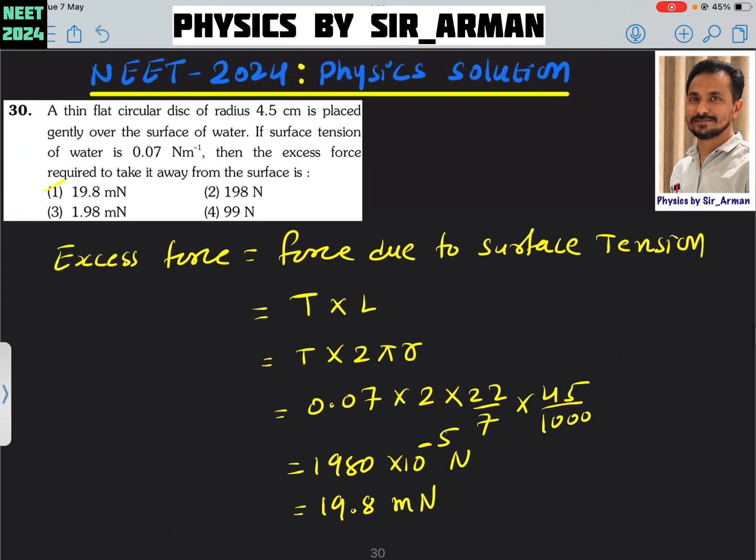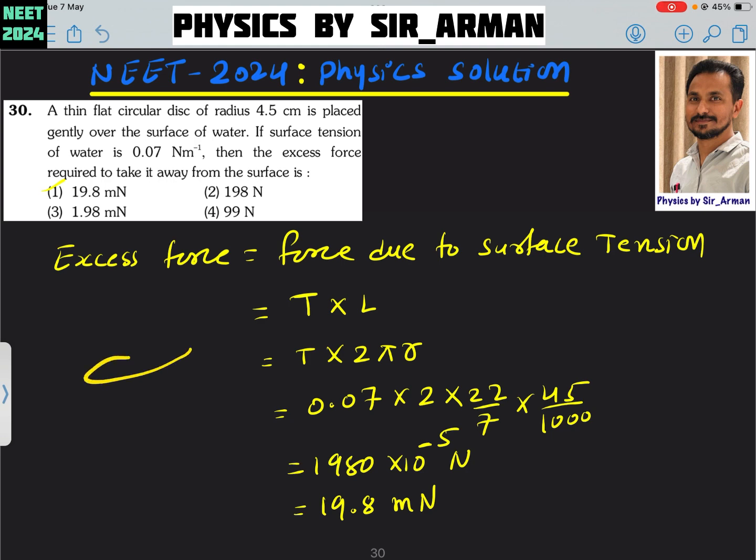Question number 30. A thin flat circular disc of radius 4.5 cm is placed gently over the surface of water. If surface tension of water is 0.07, then find the excess force required to take it away from the surface.